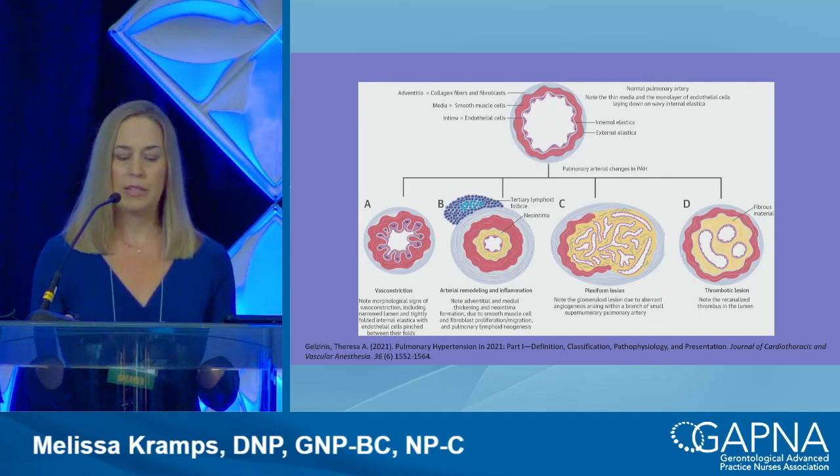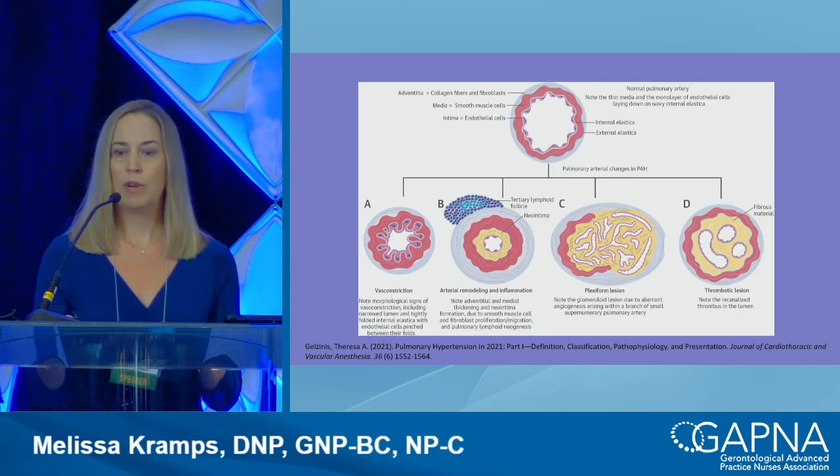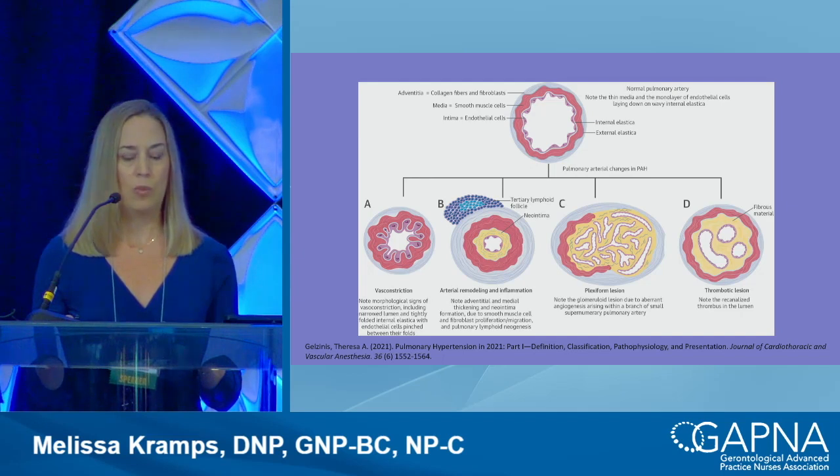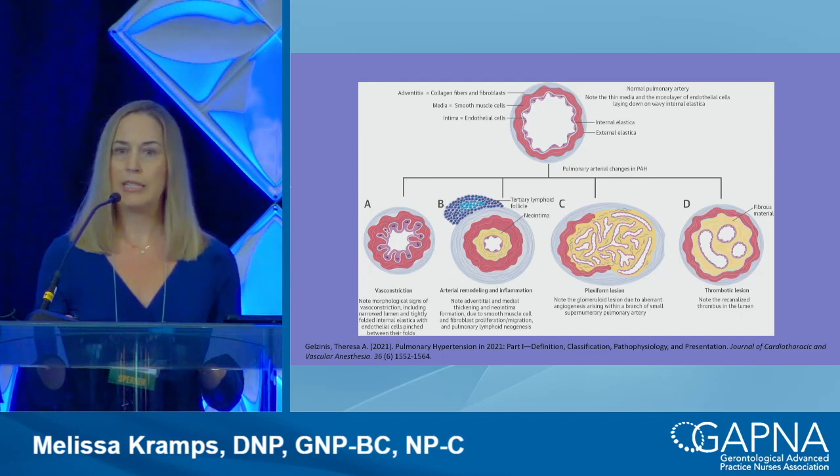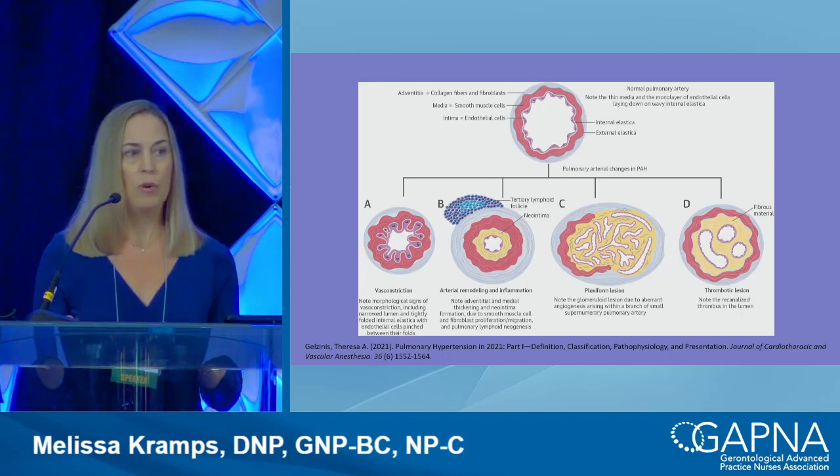PAH is a serious, complex, and progressive illness characterized by the remodeling of the small pulmonary vessels. Healthy vessels start out like open pipes that the blood can easily travel through, as pictured in the top of the diagram. As the disease progresses, the pipes become more obstructed. The pulmonary arteries in PAH patients are being assaulted by 3 main problems.